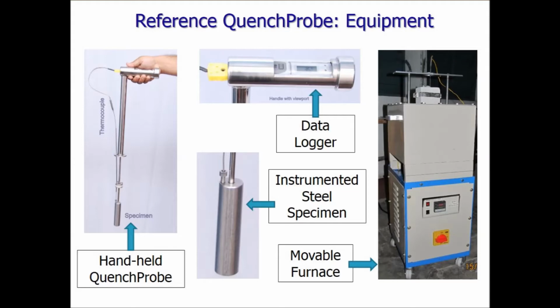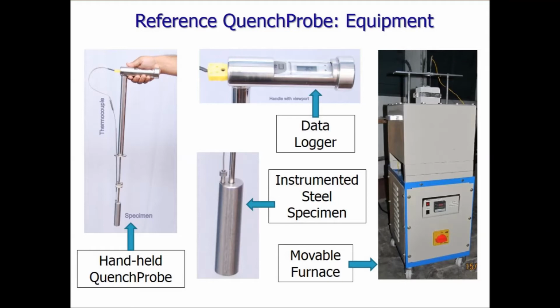Now, the probe comes with a portable furnace which can be deployed in the plant, which can be moved near the quenching tank, and hence the actual conditions during quenching are captured through the arrangement.